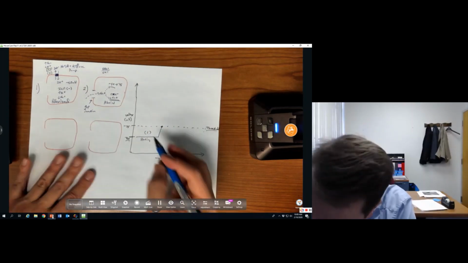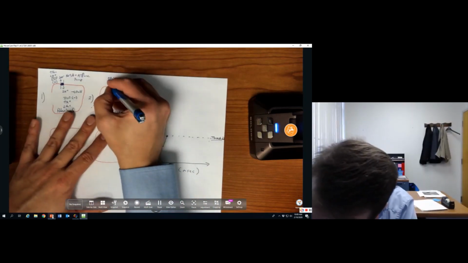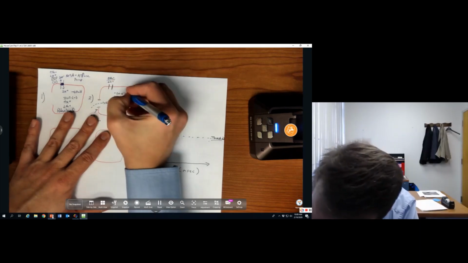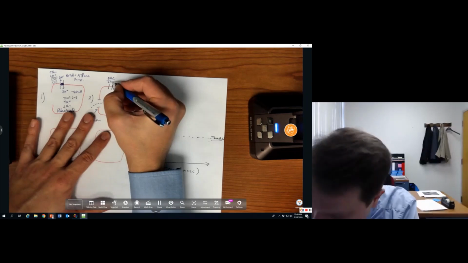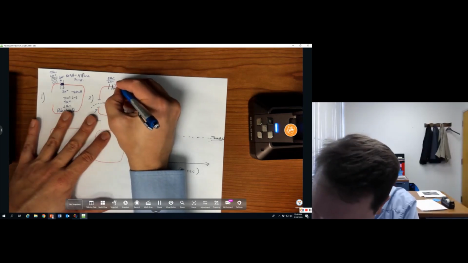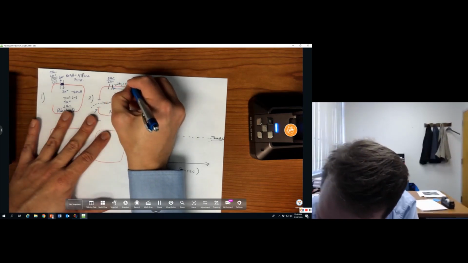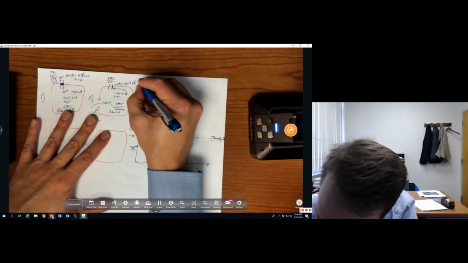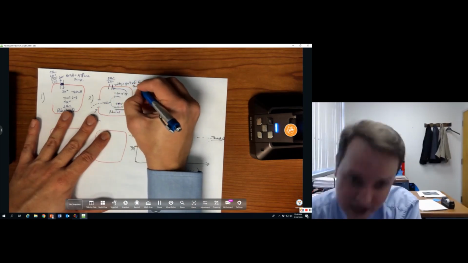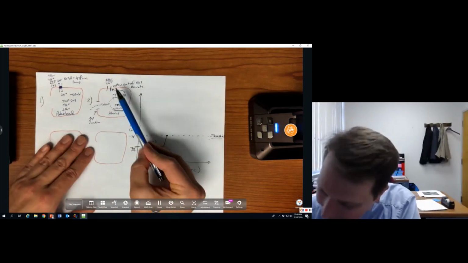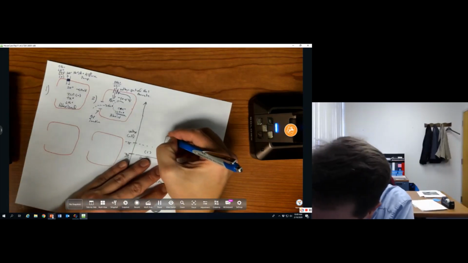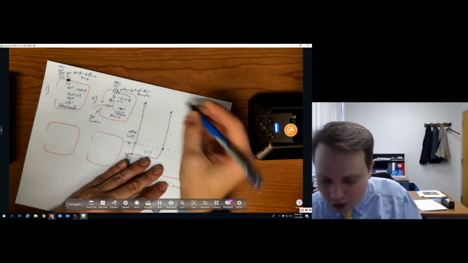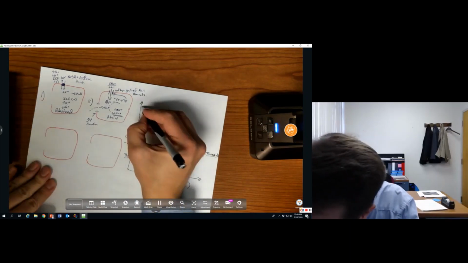Now, what does that mean? Well, when negative 75 is reached, the voltage-gated sodium channels will open because they have reached threshold, and a ton of sodium will rush in. It's going to make this cell shoot all the way up to about positive 30.